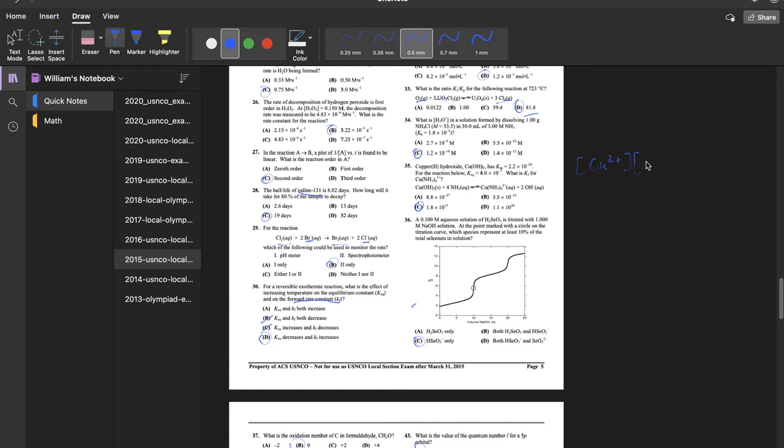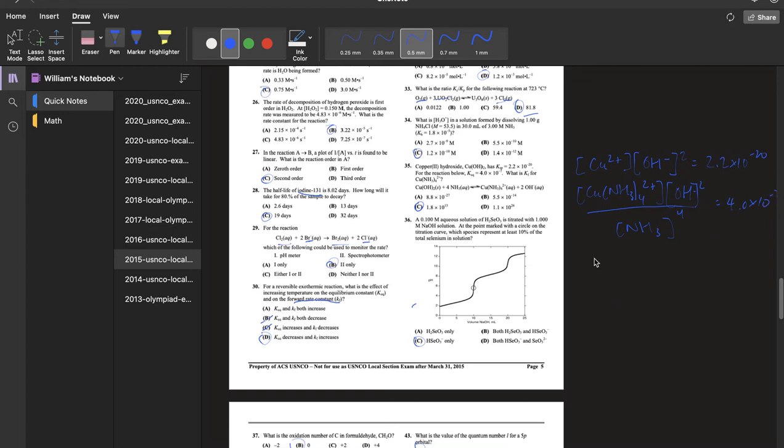So for our KSP equation, this is 2.2 times 10 to the negative 20th, and then we can see that our overall equation, we have OH minus squared, and there's NH3. This is equal to 4.0 times 10 to the negative 7th.